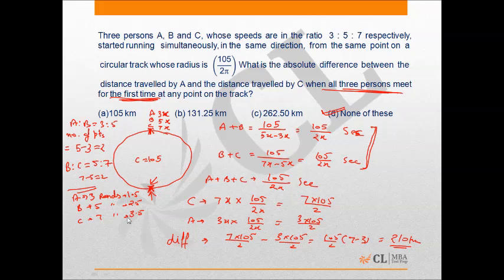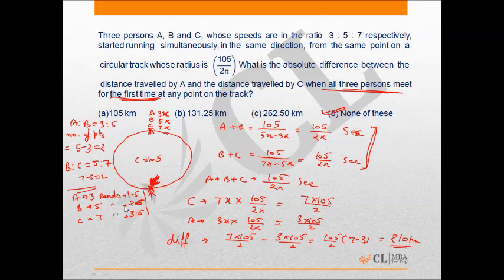And this is the required numbers. When A covers 1 round plus half of the round, it will be at this point. B will cover 2 rounds and then half again, it will be again at this point. And similarly, C will cover 3 rounds and 0.5 rounds, which is again this point.